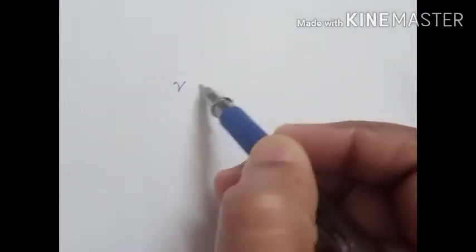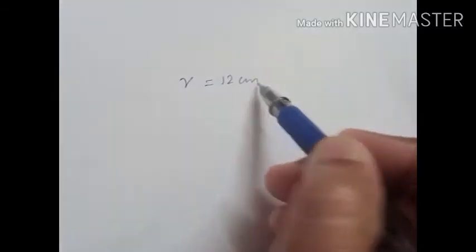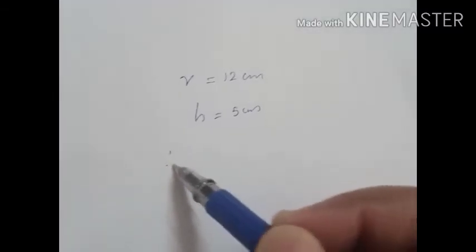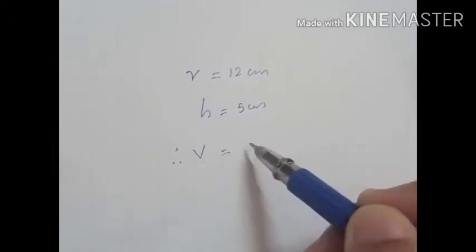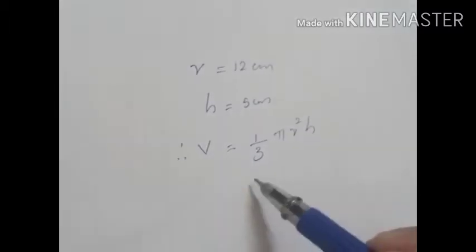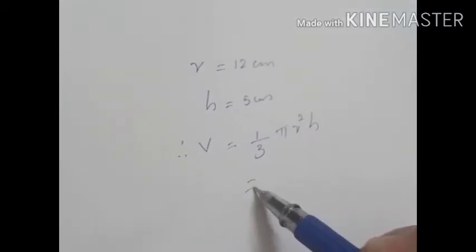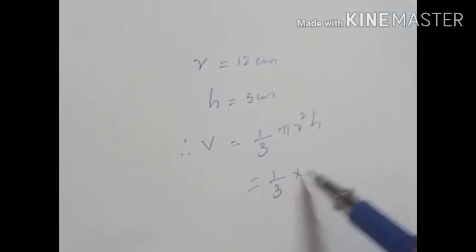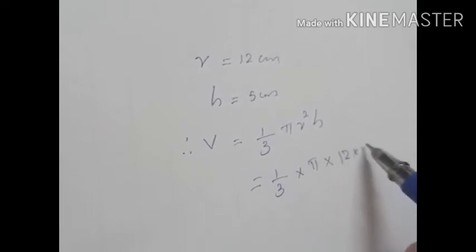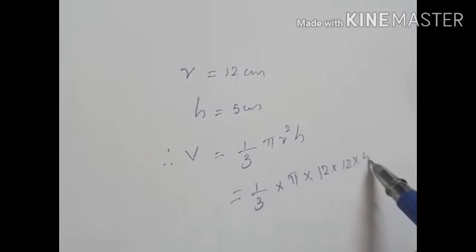Here the radius r equal 12 cm and height h equal 5 cm. Therefore, volume of the cone is equal 1 by 3 pi r square h. Then we have to substitute the values, that is 1 by 3 into pi into 12 into 12 into 5.